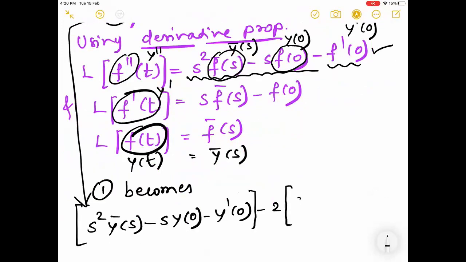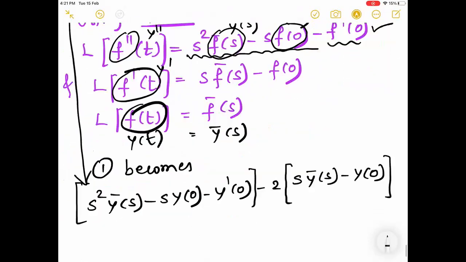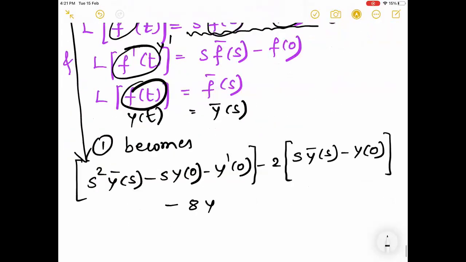Is it clear? Following or not? Yes, ma'am. So the last term is minus 8 into y bar s. On the right hand side it is 0 itself, so there is no difficulty. You will be getting the answer 0 itself.